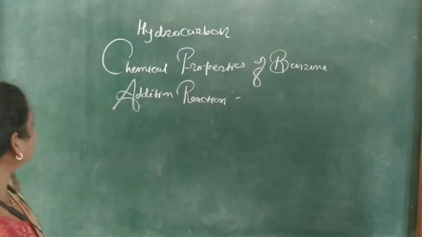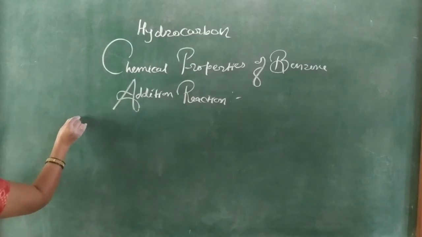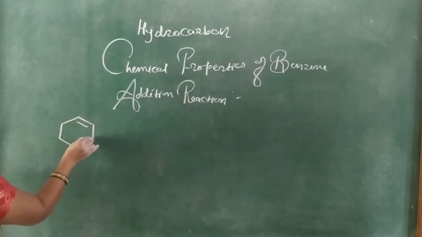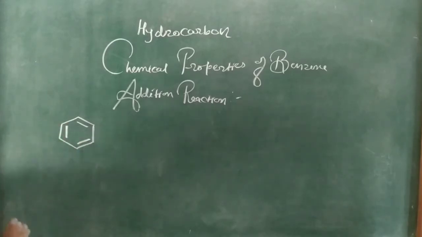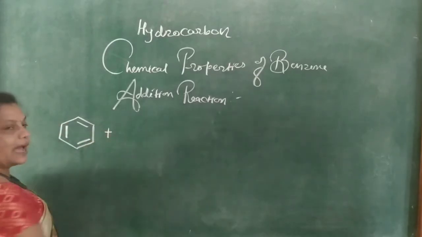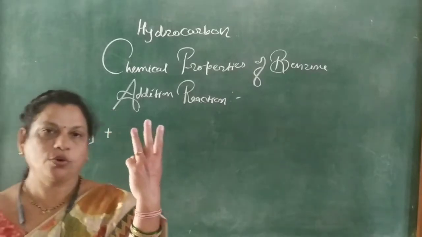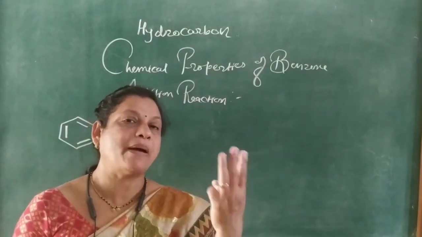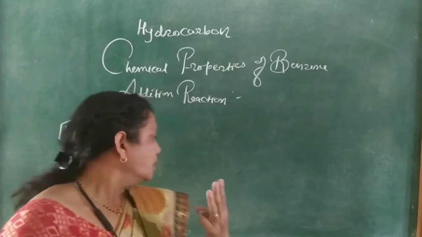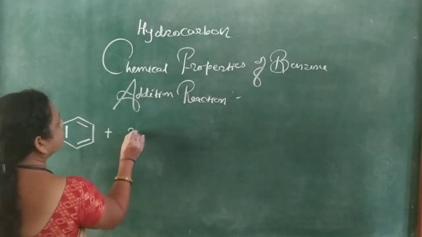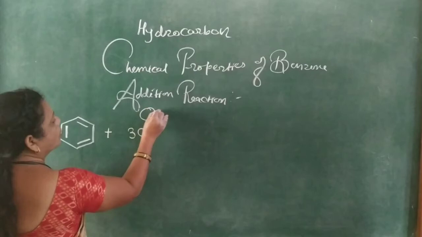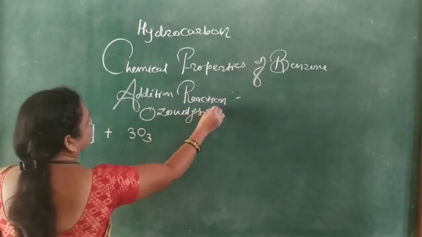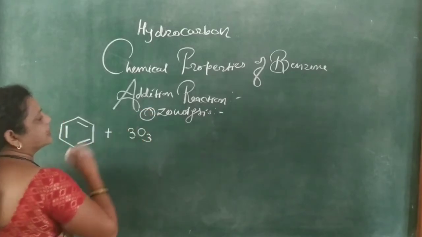So the ozonolysis of benzene: here benzene with double bonds. As there are 3 double bonds in benzene, which is suggested by the Kekulé structure, here thrice O3. This is ozonolysis of benzene.